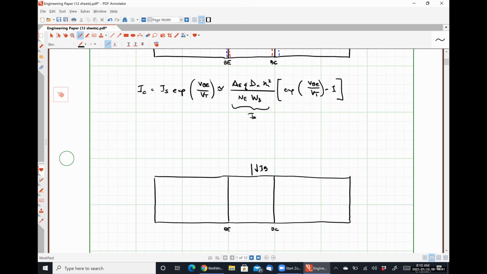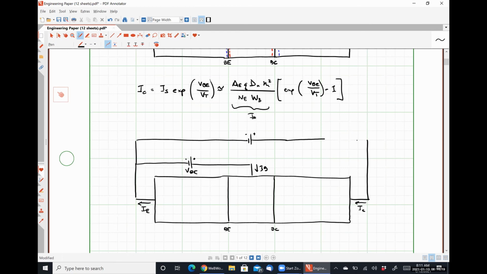Here's IB, E, C, and so let's keep VBE exactly the same, but increase this VCE2, which is greater than VCE1.